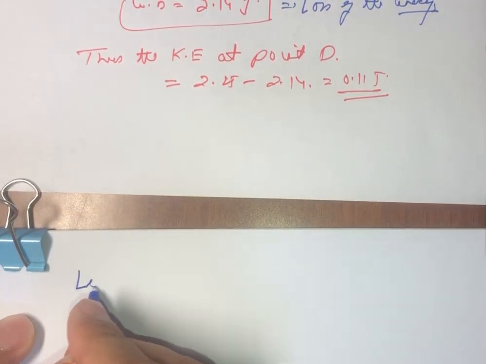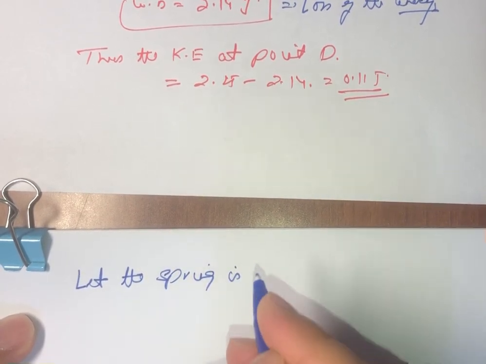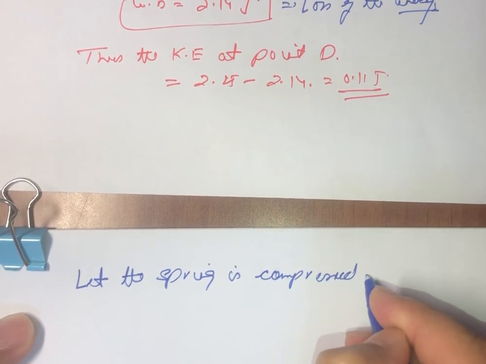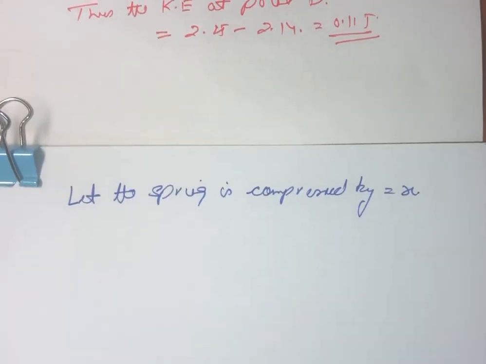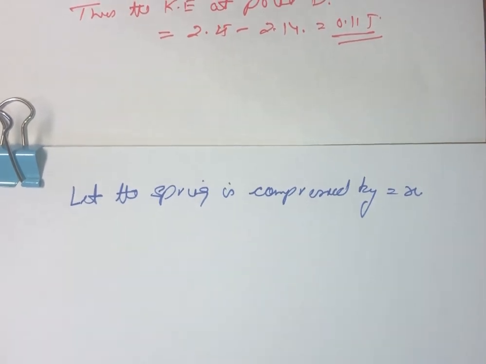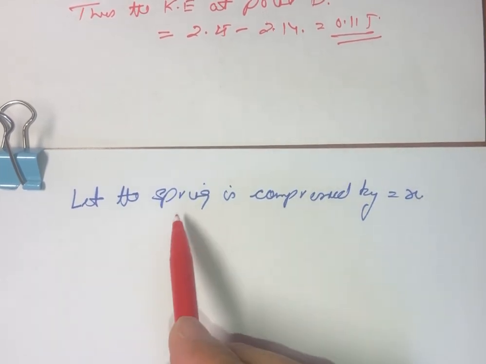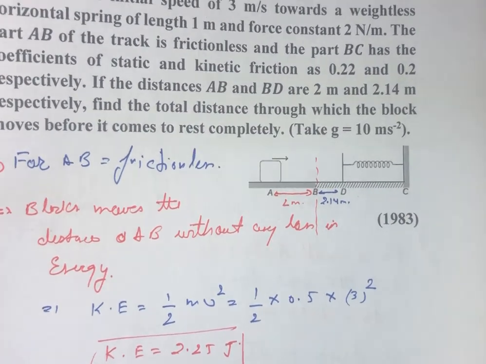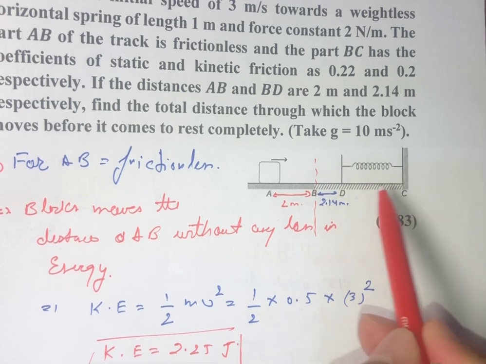The energy will be divided into two parts: one is the work against friction, and another is the potential energy stored in the spring.